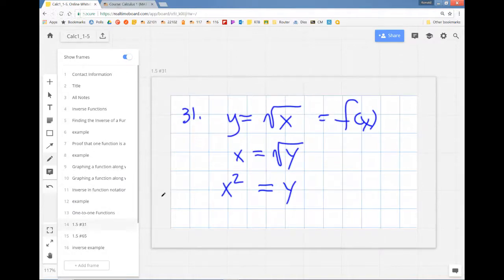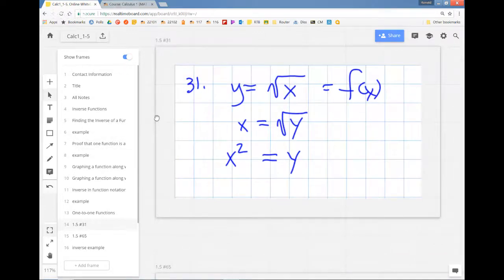Okay, here's number 31. y equals the principal square root of x. All right, we swap the variables, and we see that. So this one is a function because it's just a principal square root of x, and when you flip it, when you find the inverse, you get, let's see, how can I explain this?